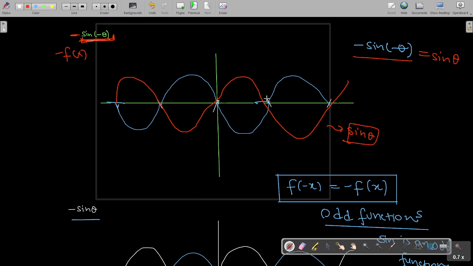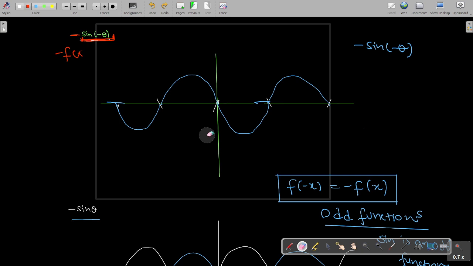I'm not drawing minus of x. Considering this as f of x, I'm drawing minus f of x. The blue line is sine of minus theta.